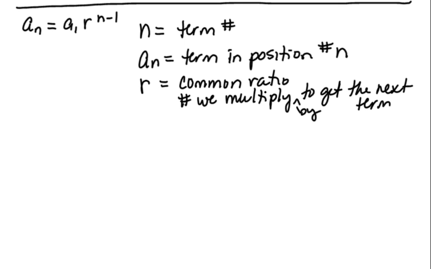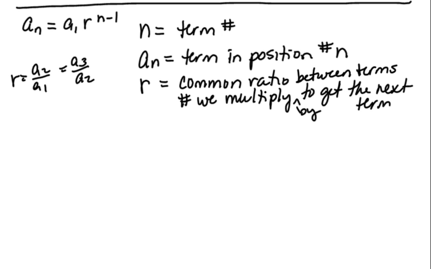So every time we want to get to the next term, we multiply by R. Or it is the common ratio between terms, you could say that also. In other words, A sub 2 divided by A sub 1, or A sub 3 divided by A sub 2. All of those would equal R.